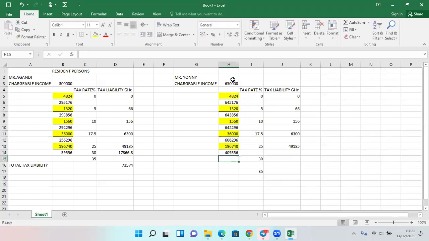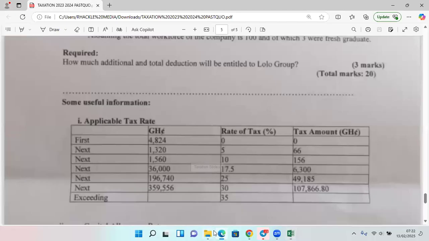You see, it's applying this for me based on the 6,500. So it subtracted it because I used the Excel. That's why it has already subtracted this. Now this is what is left. And the next one here is 359, 556, right? So I'm going to put that one there.